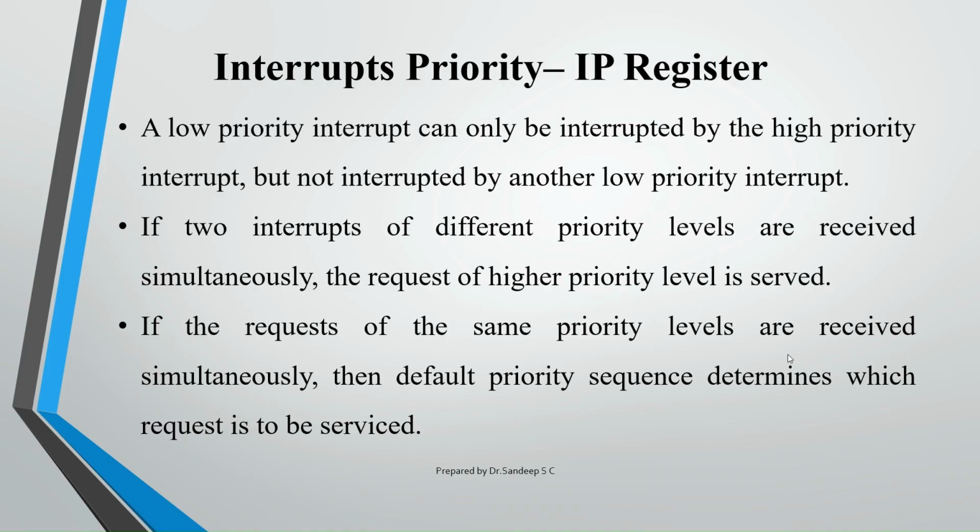But if two interrupts of different priority levels are received simultaneously, then the request of the higher priority level is served first, and then the lower priority interrupt is served. If requests of the same priority level are received simultaneously, then a default priority sequence is maintained, which determines which request is to be served.